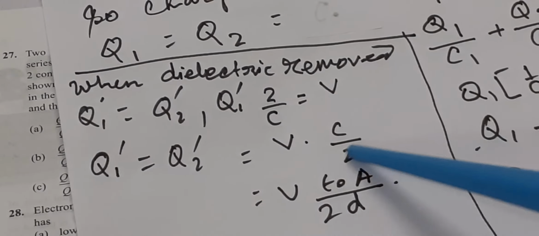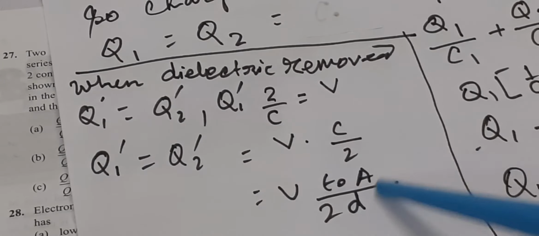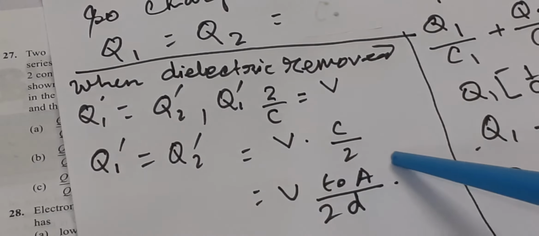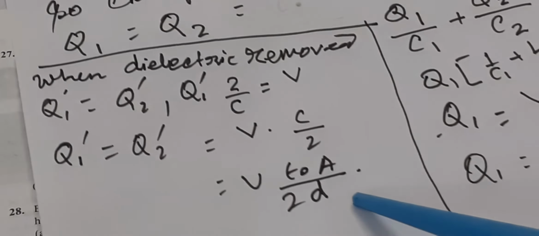For C we know epsilon naught A by D, so V epsilon naught A by twice D will come for this relation.